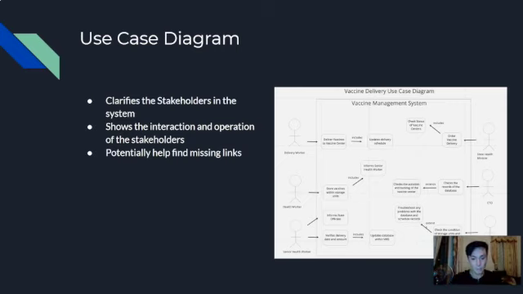Furthermore, it can highlight what we may be missing in the system. For example, the state health minister will order the vaccines, but while creating the use case diagram, we did not yet include a chain to deliver these vaccines to our facilities, so we promptly added that missing link.